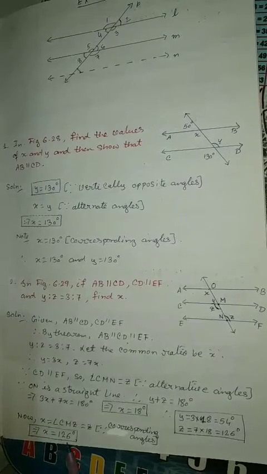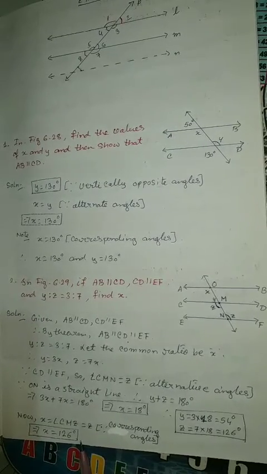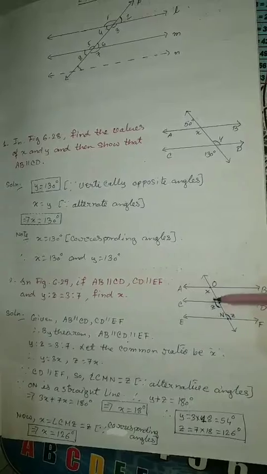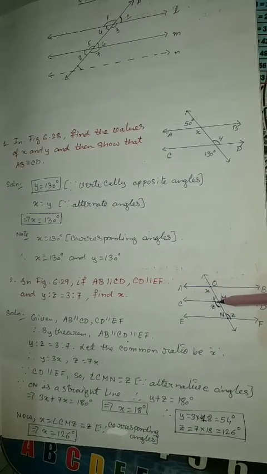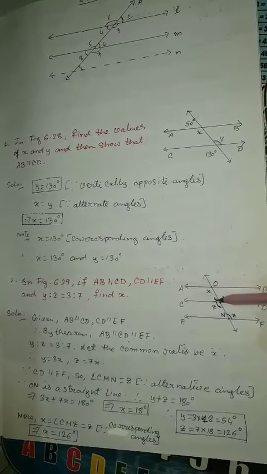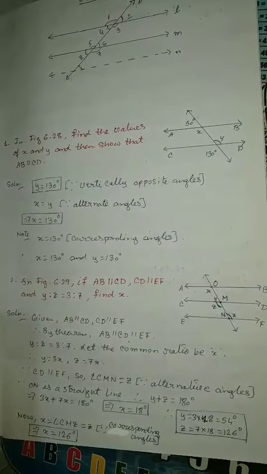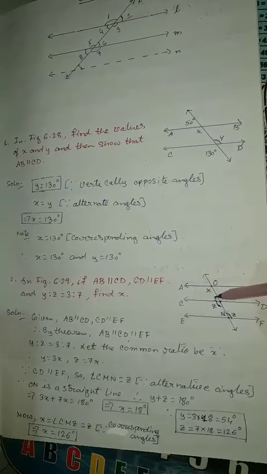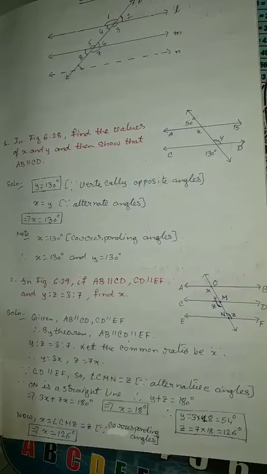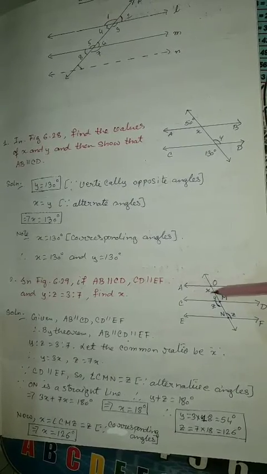Therefore, x will be equal to 126 degrees. We can also say that these two, x and y, are interior angles, so their sum will be equal to how much? 180, because they are supplementary to each other as given in one of the theorems. Therefore, from there also we can take out the value of x.